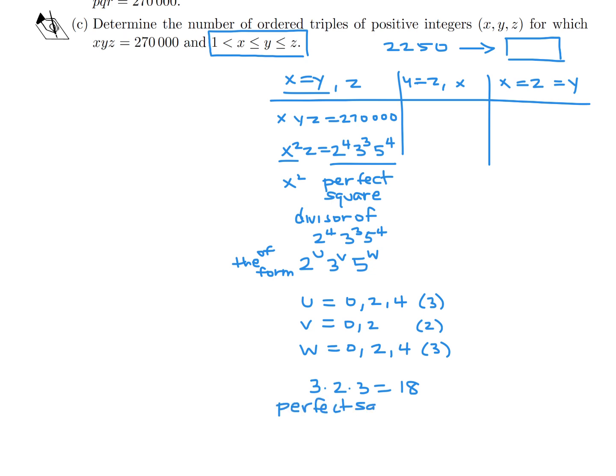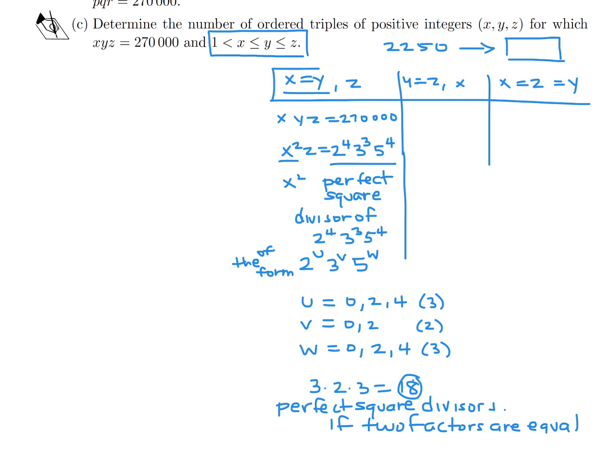Perfect square divisors, right? If two factors are equal. Yeah, if two factors are equal. So I think since this 18 we figured out for this guy, there'd be another 18 here and another 18 here, so a total of 54, right? 18 times 3.